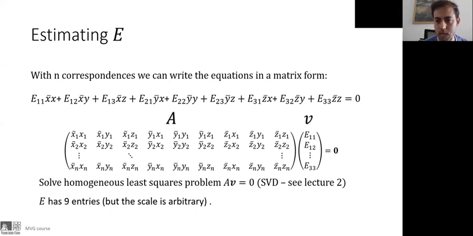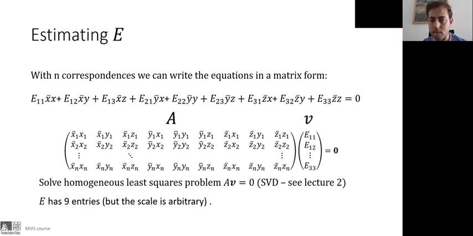And one more thing, if you are taking 8 points, you will get 8 rows, right? 8 rows for A, yes. Okay, thank you. Then V is just a null space of A in this case. You will not have error at all. You'll just get a single solution in this case.